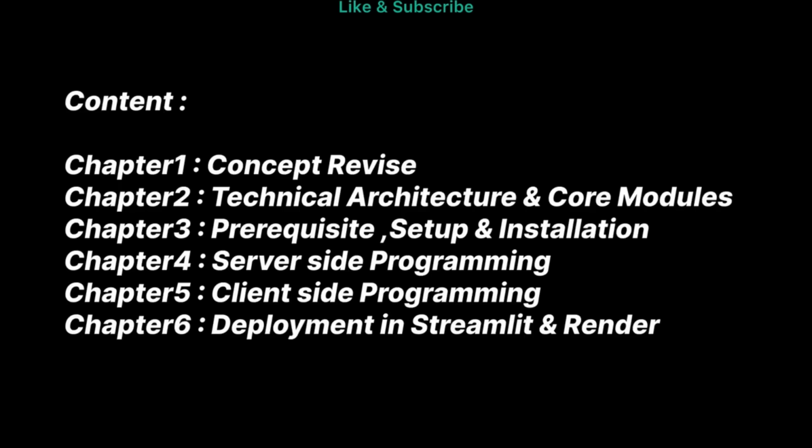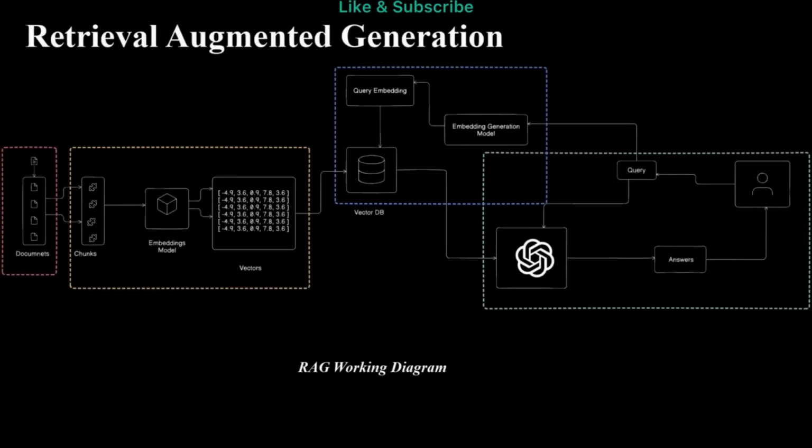Then second, our technical architecture for this application, our core modules, and our tech stack. Then our prerequisites, setup and installation. Then we'll do the programming for our server side, then the programming for our client side, and at last we'll deploy our front end in Streamlit and backend in Render.